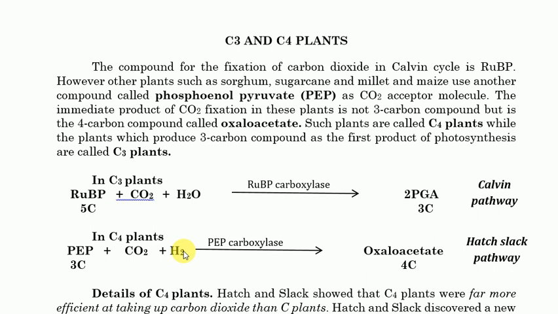In place of this, it is water, but it is hidden here by this box. So it is PEP, carbon dioxide, then water, PEP carboxylase, oxaloacetate. That is the Hatch-Slack pathway. So the first product of photosynthesis here is 3-carbon, while here it is 4-carbon. These are called C3, these are called C4.